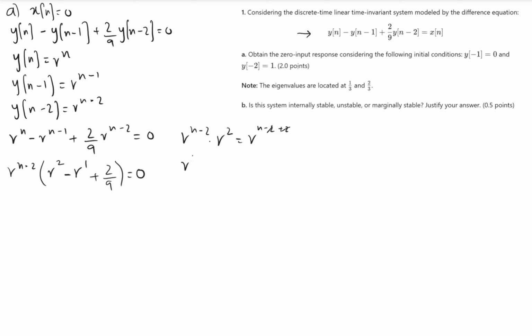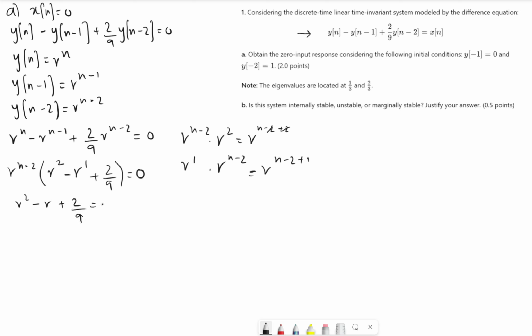Similarly, r to the power 1 multiplied by r to the power n minus 2 becomes r to the power n minus 2 plus 1, which is r to the power n minus 1 again. And multiplying the last term gives the same thing again. So I can remove this factor because it multiplies with 0. This becomes r squared minus r plus 2 by 9.